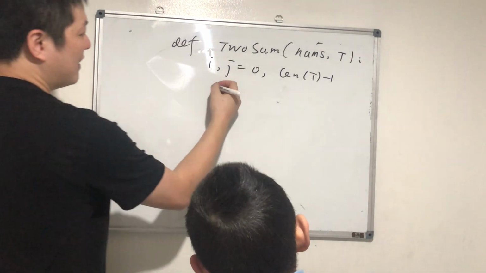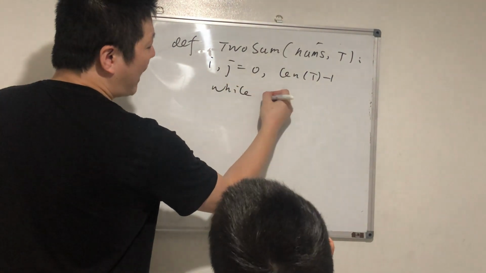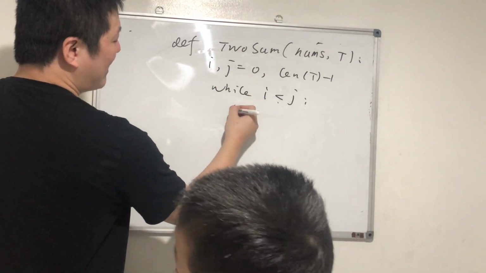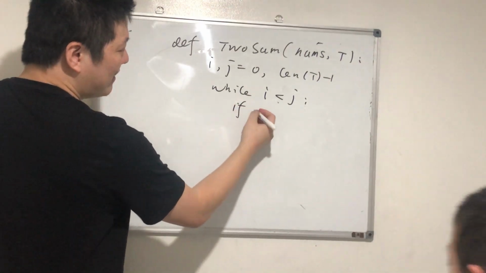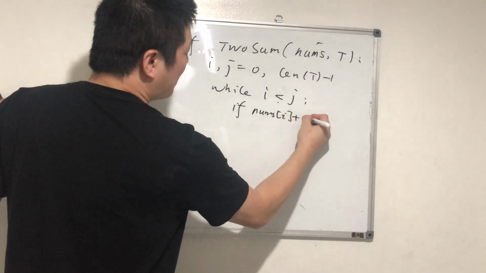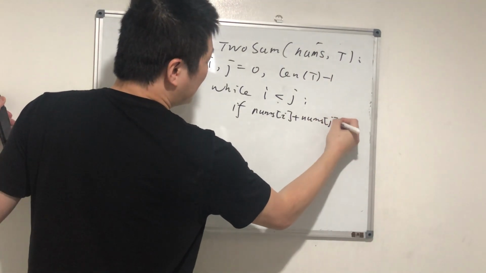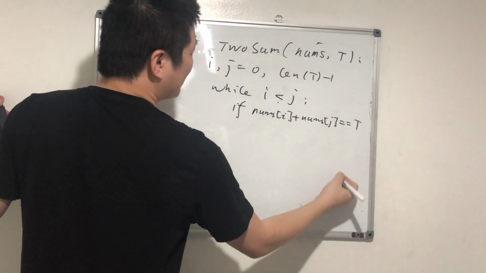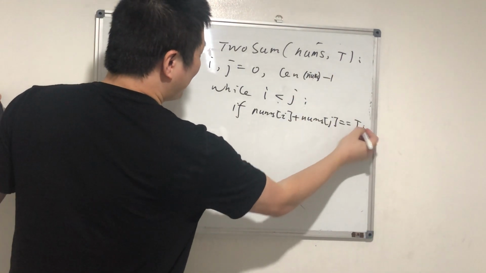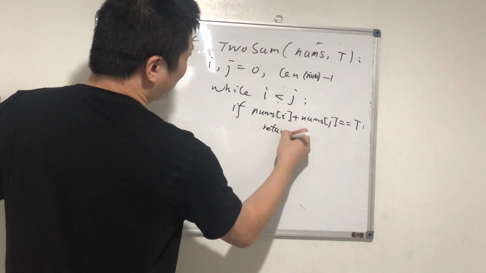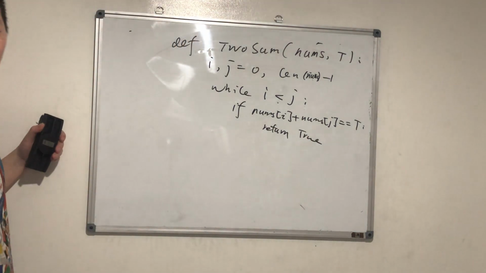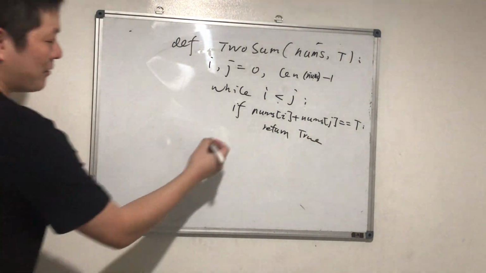While i is smaller than j, if nums[i] plus nums[j] equals target, then we know it's there. We return i or j, or we just return true to mean that we found it.